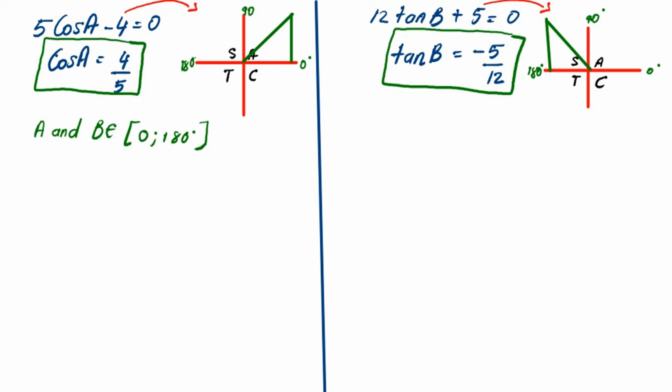So let's just fill in our angles. Here, that is our angle A, and here, that is your angle B. From here, we can simply define our trig ratios using the sketch that we've drawn.